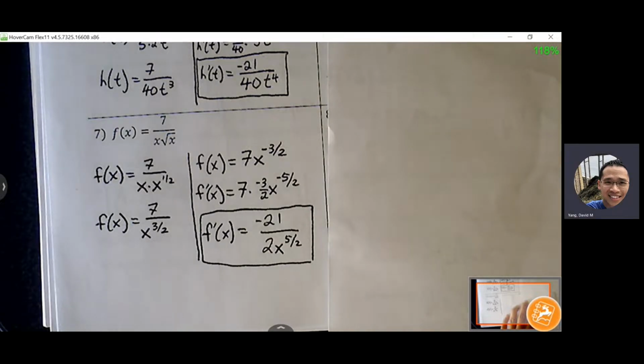And then after you find your derivative, clean up to present your answer. Any questions? All right, try number 8.